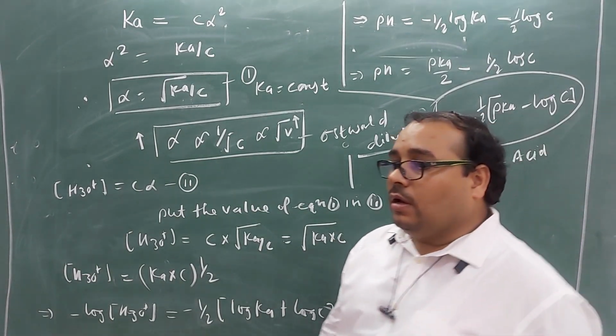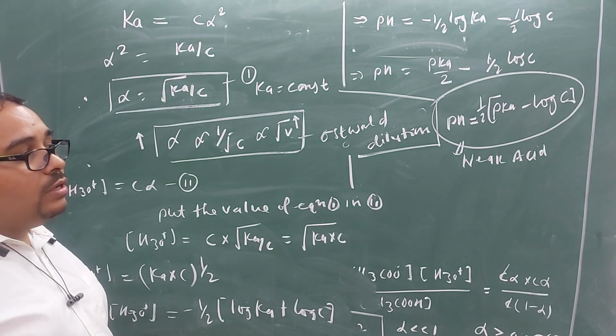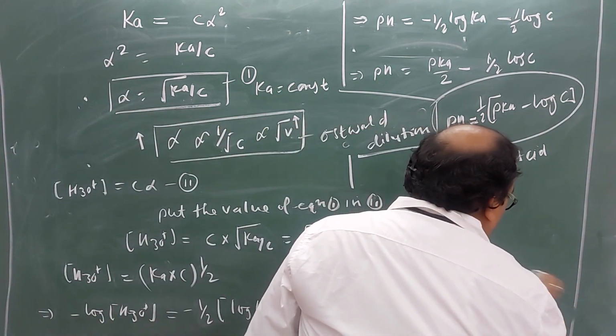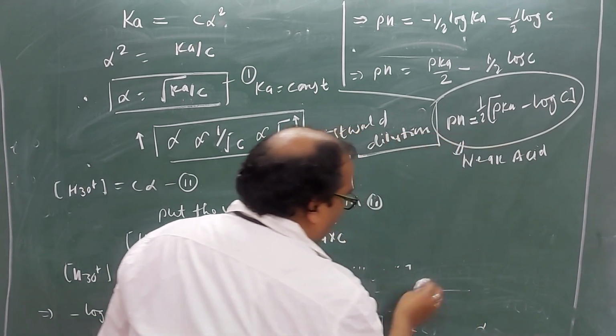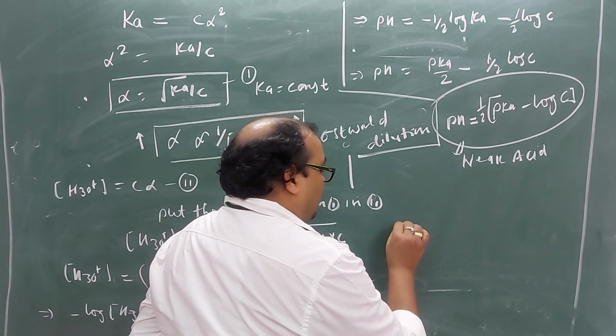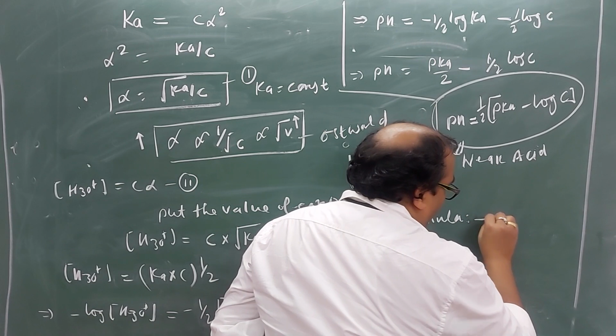So we got this, I will write it together so that you can't forget. I am writing here only, I will mention both pH formulas here, and you just keep the formulas in mind. What formula did you get?